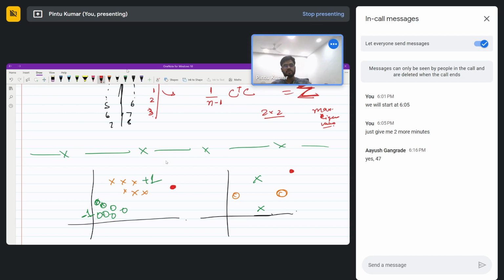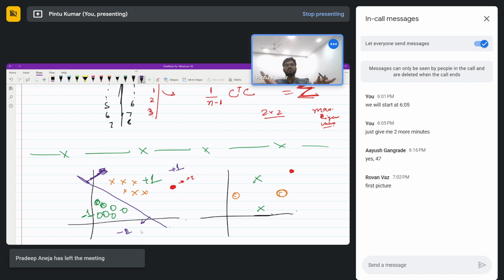In my opinion, I can make a rule in this case that if my point lies on the right side of this line, then it belongs to +1, and if it lies on the left side, it is -1. I can make such a rule, right?